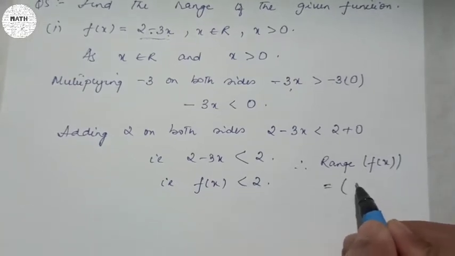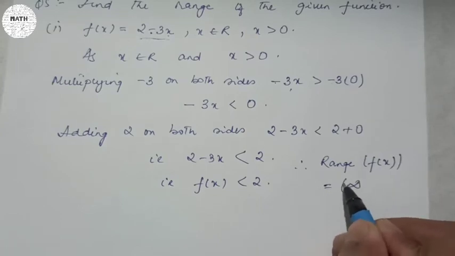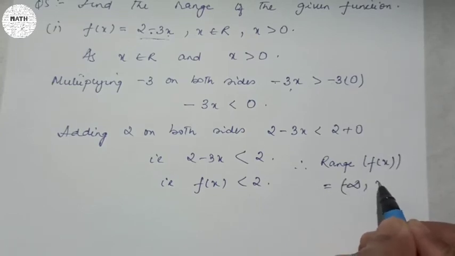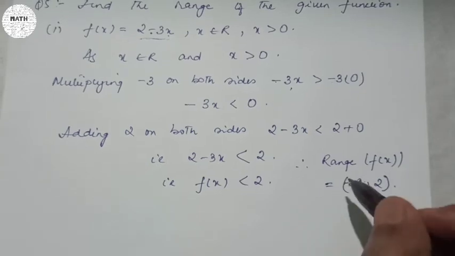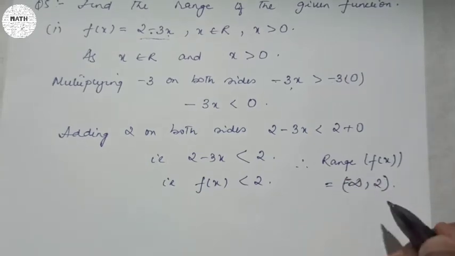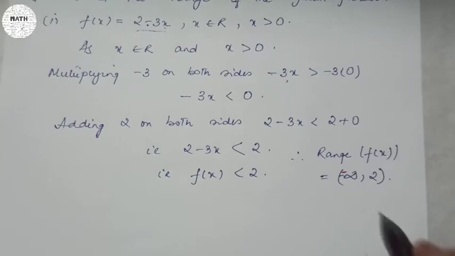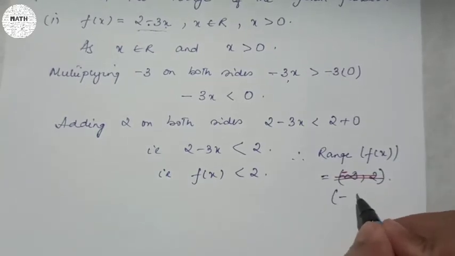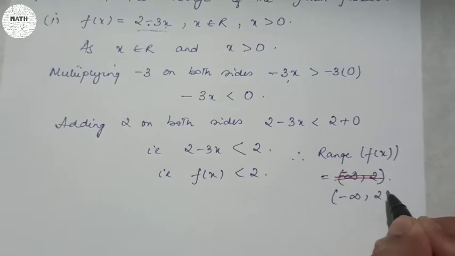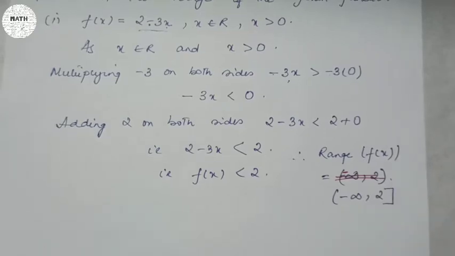It means minus infinity till 2. Okay, remember there's a negative sign over here. Minus infinity till 2. Okay, I'll write it nicely. Minus infinity till 2. So that's your 5.1.